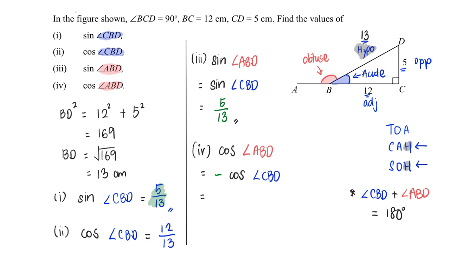And so, if I know the cosine ratio of the acute angle, all I need to do is add a negative in front, and I'm done. So this is a very, very important relationship between the obtuse and the acute angle when they are supplementary, meaning they add up to 180 degrees.